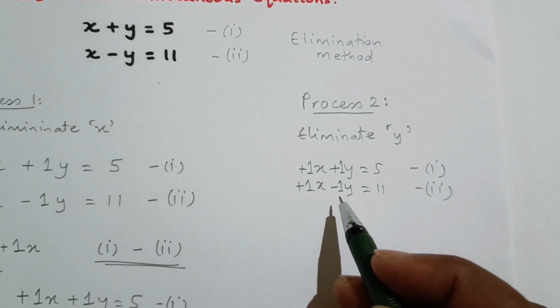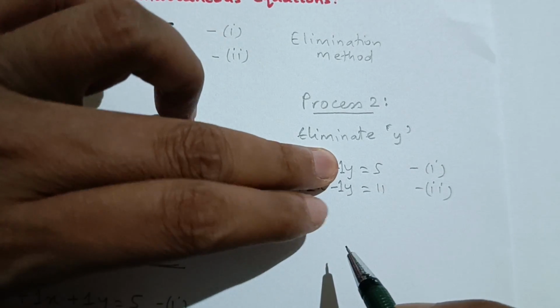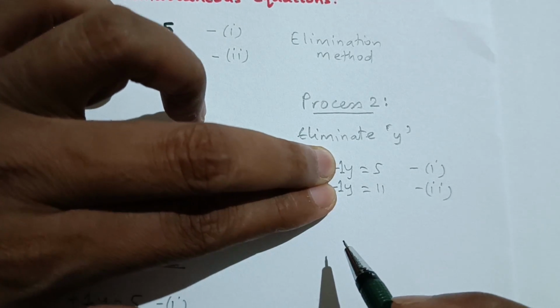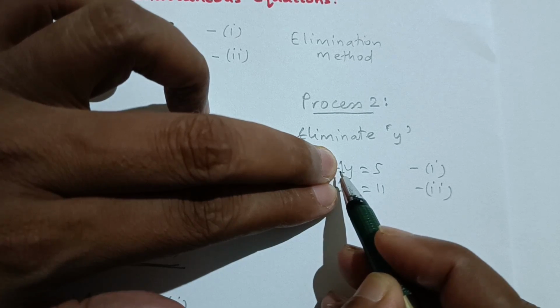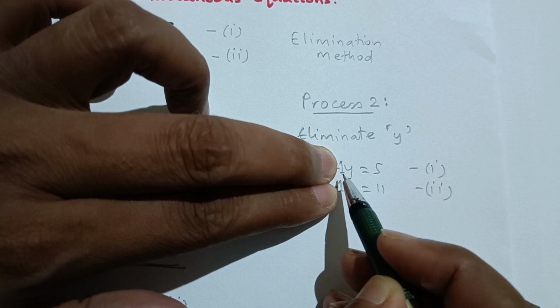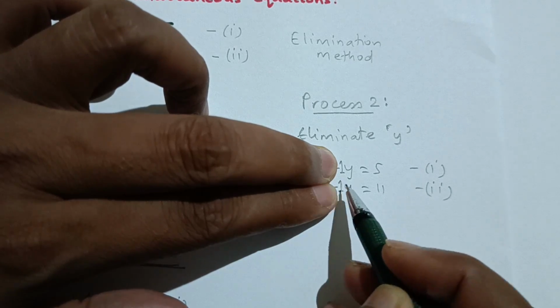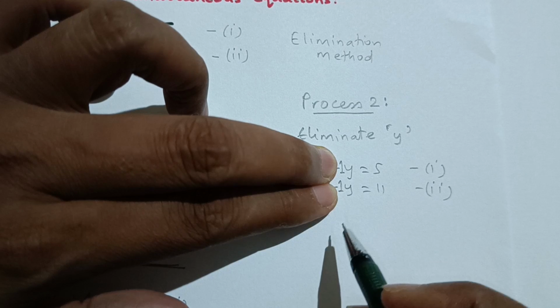So for the time being let us ignore the signs. So this plus and this minus, let us ignore it. So the numerical value of the coefficient of y in equation number 1 is 1, and the numerical value of the coefficient of y in equation number 2, that is also 1.